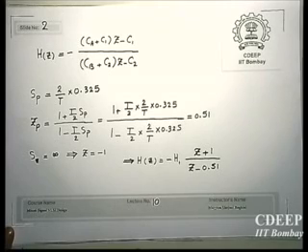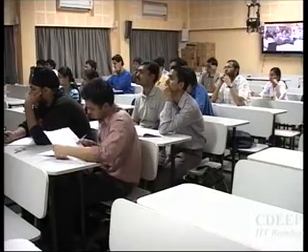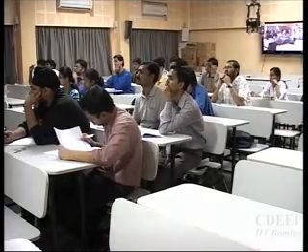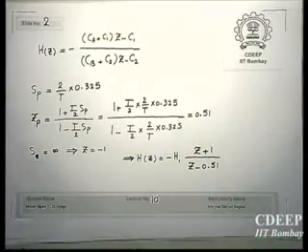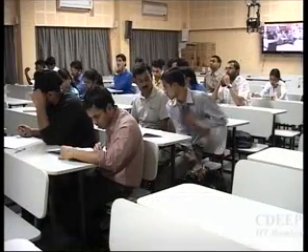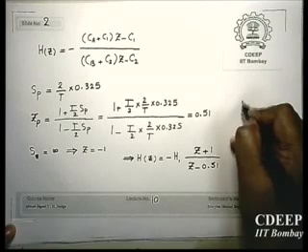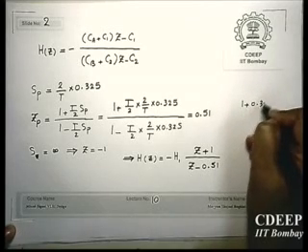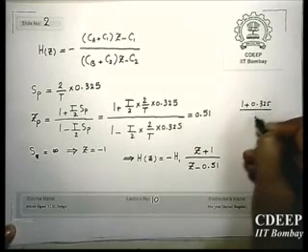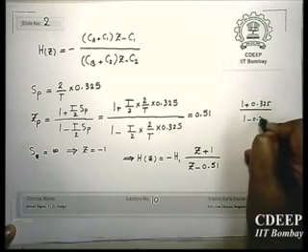Yeah? It should be greater than 1. It should be inside the unit circle. Oh, maybe I have. Okay. Let me check. No, actually it will be 1 plus 0.325 divided by 1 minus 0.325.